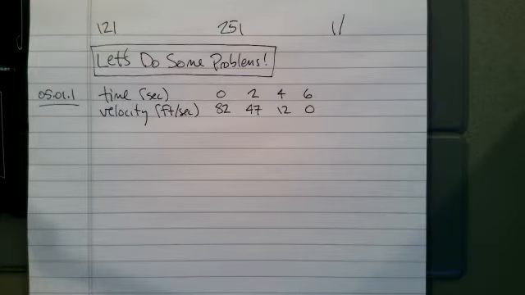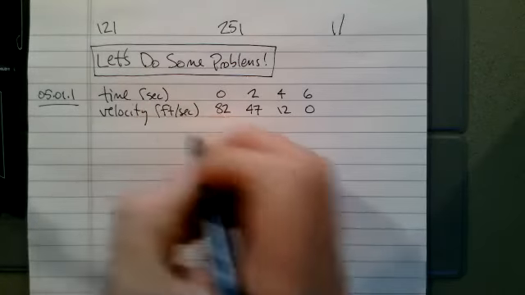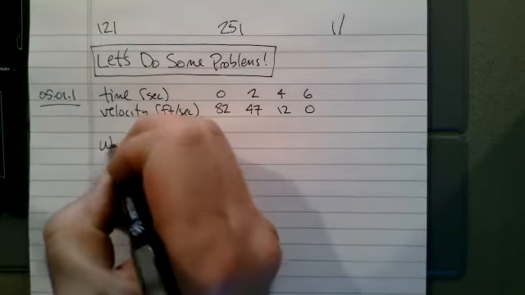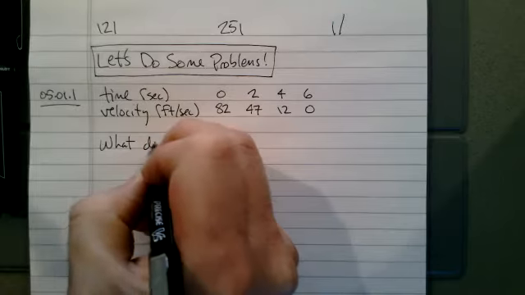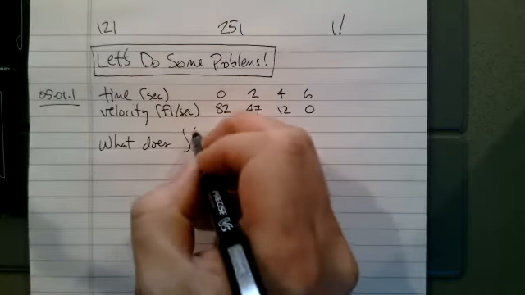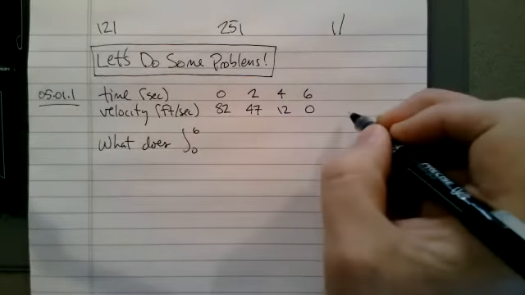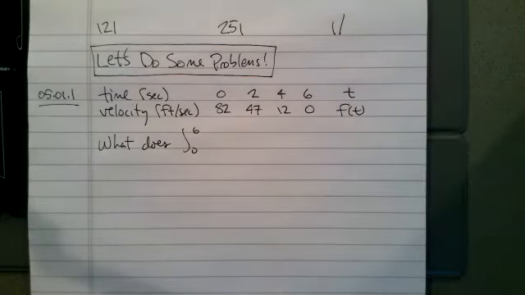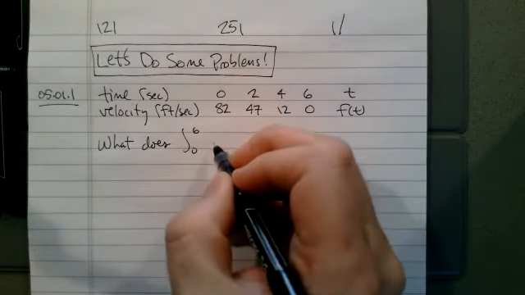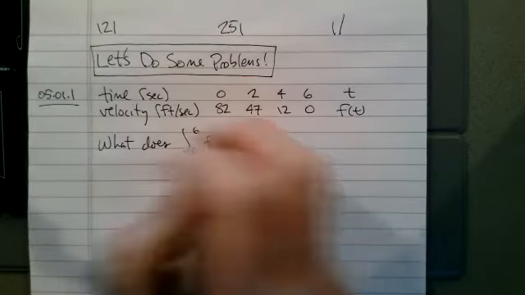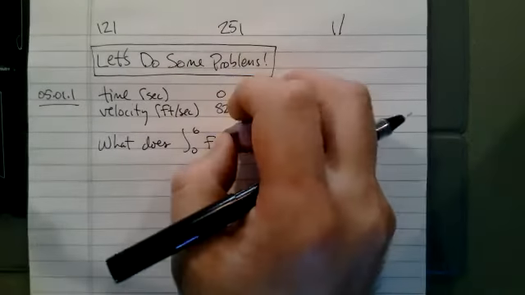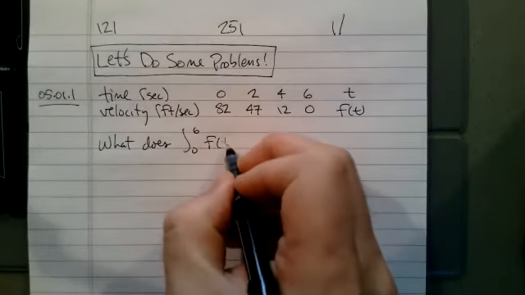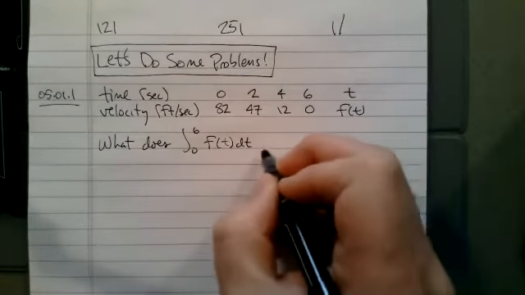So here we have the velocity measured at various times. The typical question we would want to ask is, what does the integral from 0 to 6 of the velocity, let's call that f of t, since it's not named in this one, what does the integral from 0 to 6 of f of t dt mean in this situation?